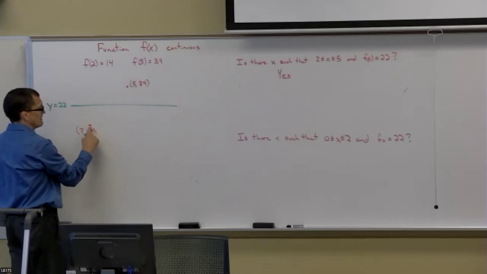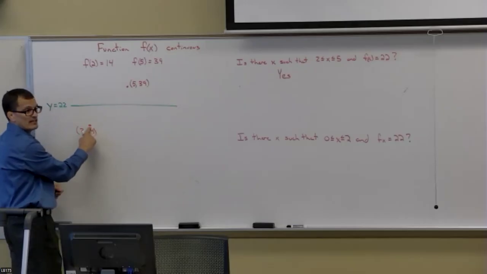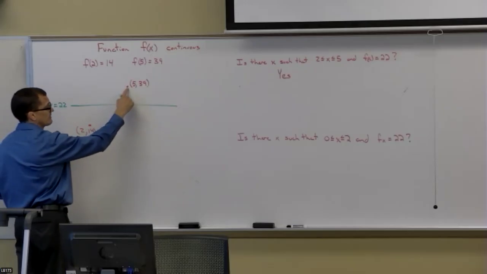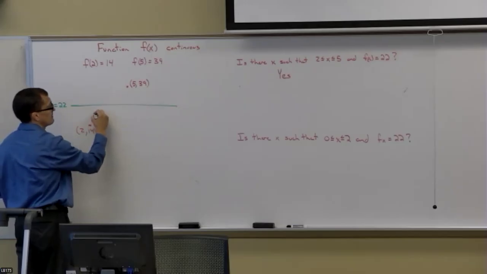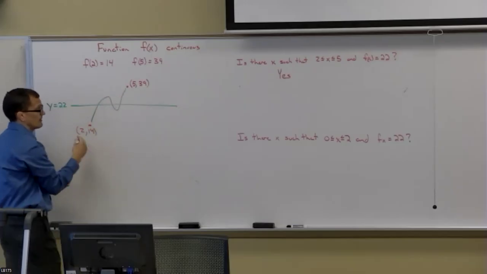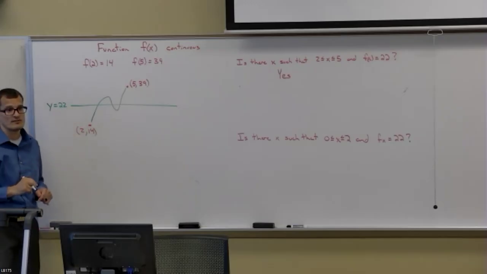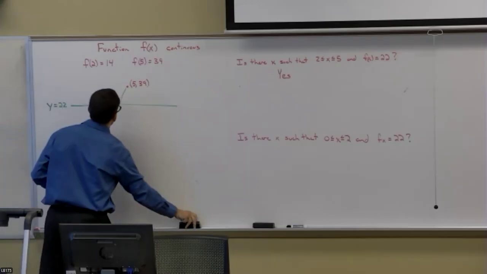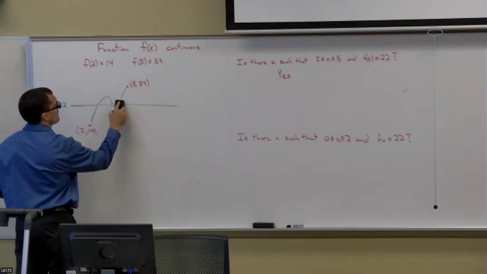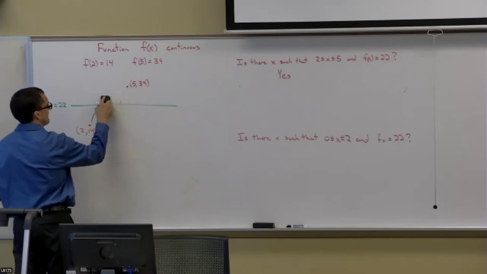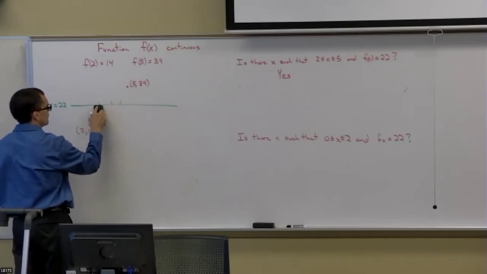So I know that somewhere between x value of 2 and x value of 5, this function has to cross over. It might cross over at a lot of different times, but it has to cross over at least once. Okay with that? So yes is the answer to the first question.